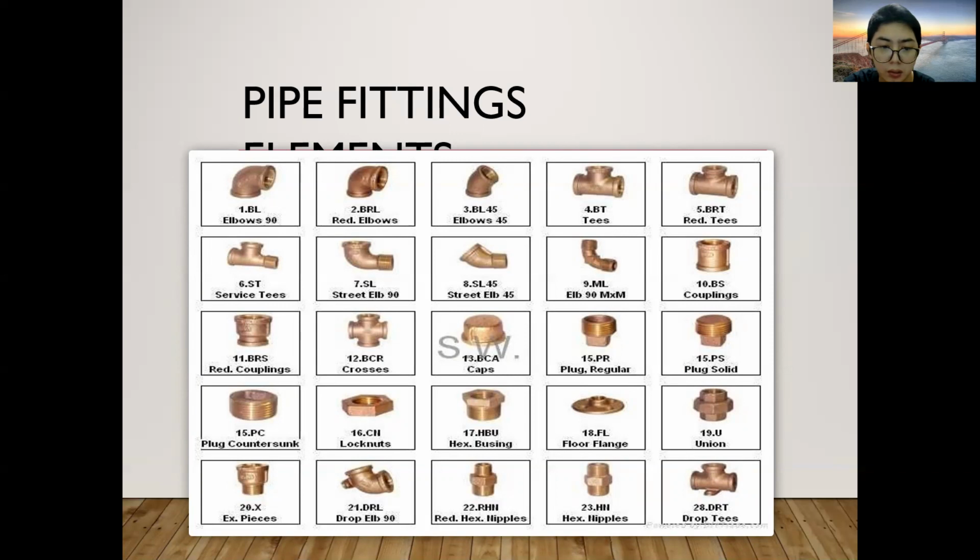There's a factor to consider before doing this kind of pipe fitting. For example, for the pipe in the bathroom, you have to use specific pipe fittings shown in this table that will be perfectly fitted for that specific usage, for that specific component in that water system or piping system.